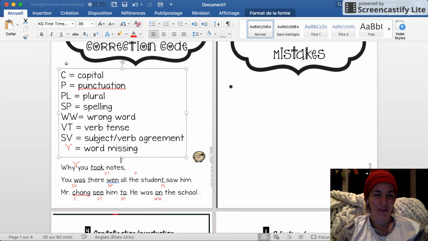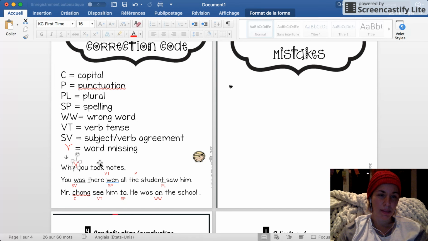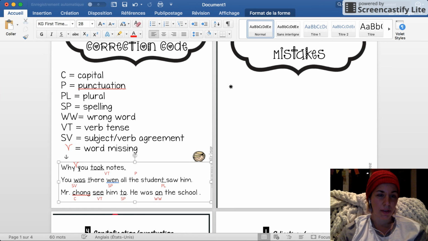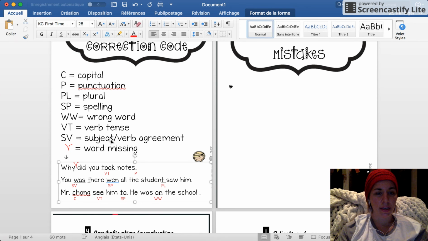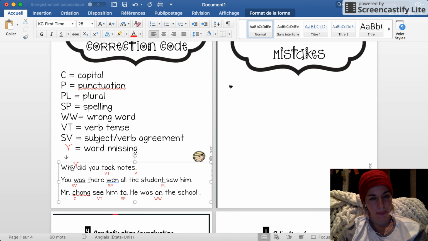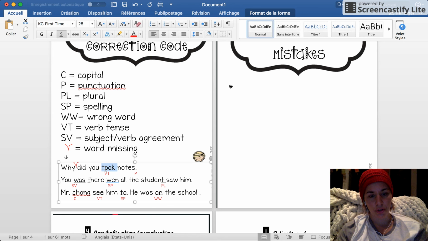This little symbol is here because there's something missing here in the sentence structure. So it would be why did you took notes? But then if did is here, remember your little auxiliary takes all the conjugation. So it would be not why did you took notes, but why did you take notes.